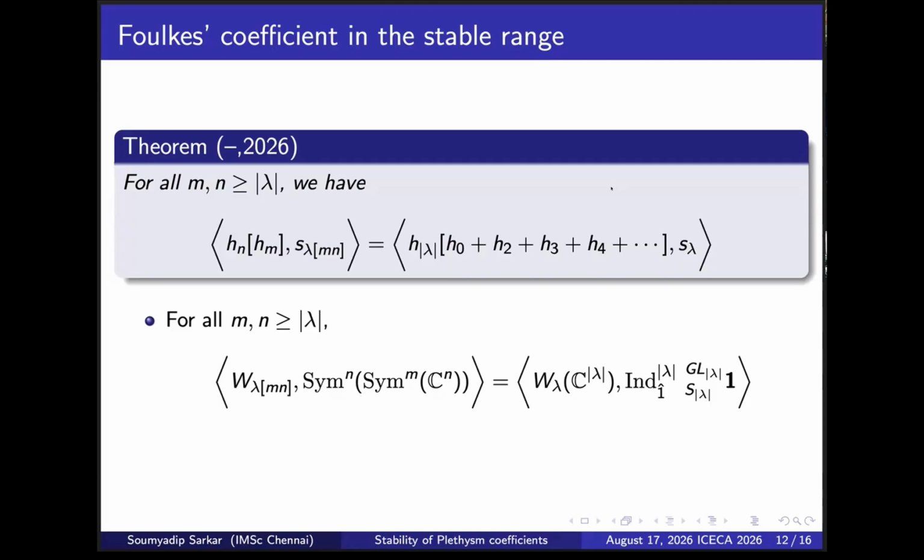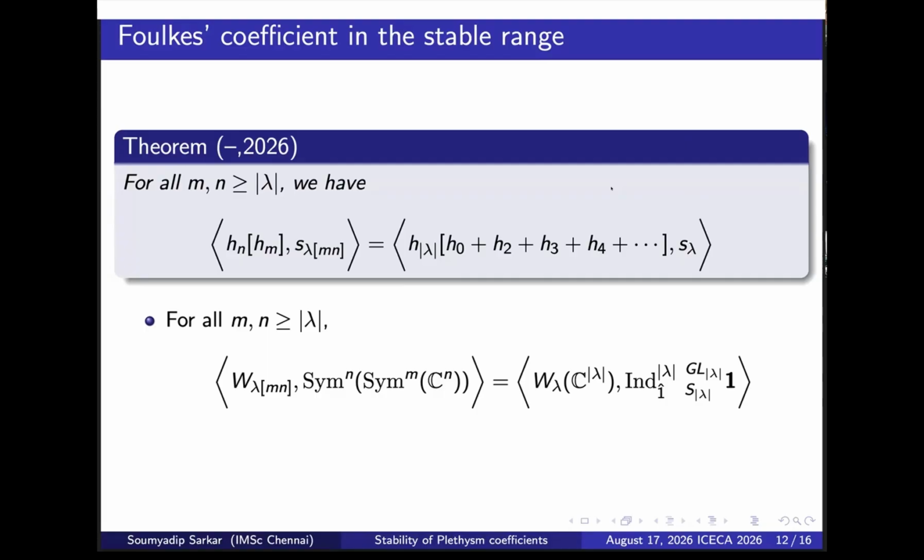I'm saying the multiplicity of that in the representation Sym m of Cn is the same as the multiplicity of W lambda C mod lambda in this funny notation that I have invented: Ind 1 hat from S mod lambda to GL mod lambda of trivial, where by 1 hat, I mean that you allow all the polynomial functions on GLn where none of the row sums are allowed to be 1.